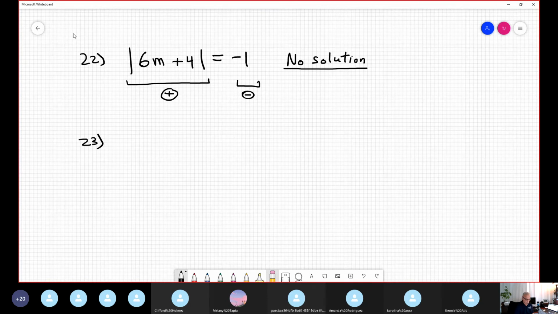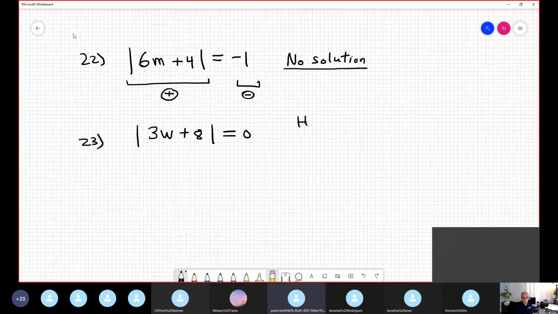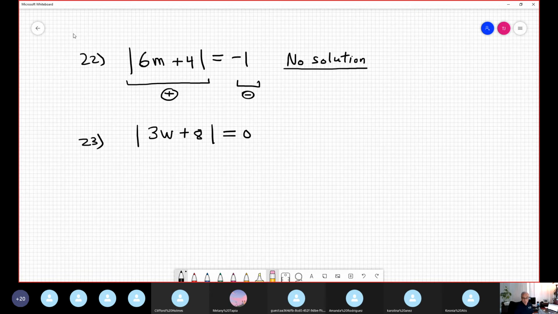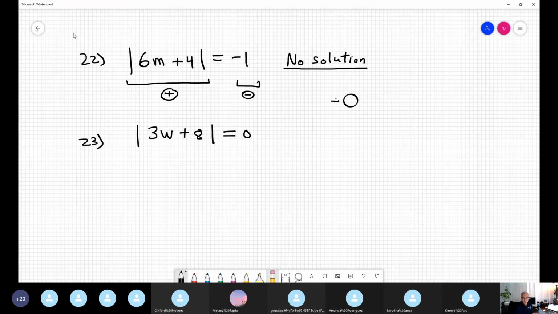Okay? Next is absolute value of 3w plus 8 equal to 0. How many solutions do you expect in this example? How many? One solution? Only one. Very well, Dylan. Dylan always has the right answer. Because 0 is a special number, you know. 0 has no sign, so it makes no sense to talk about positive 0 or negative 0.